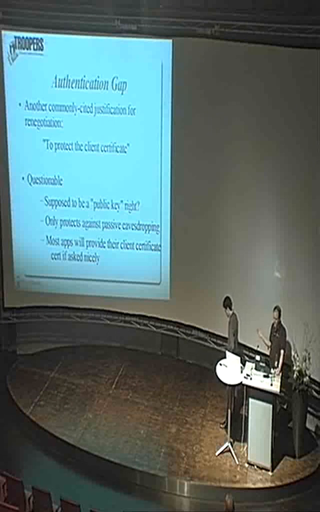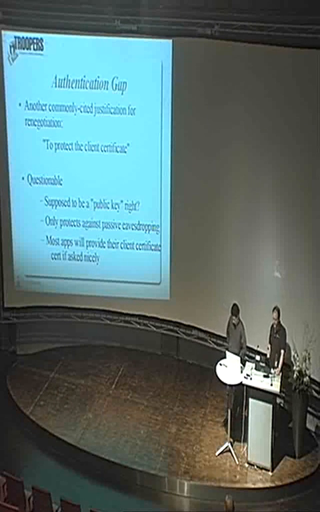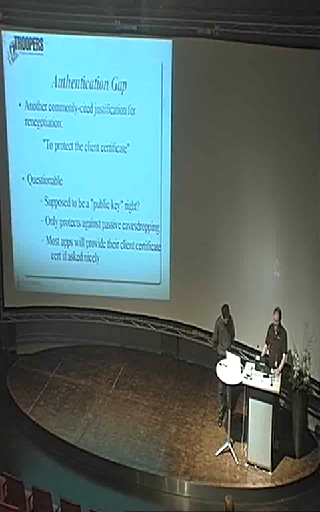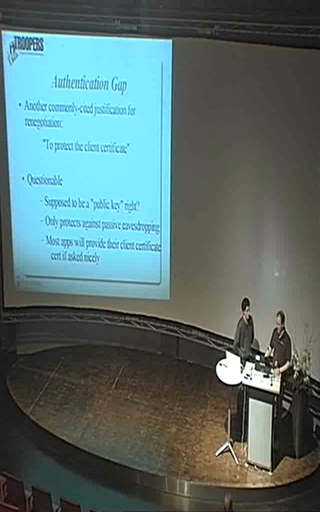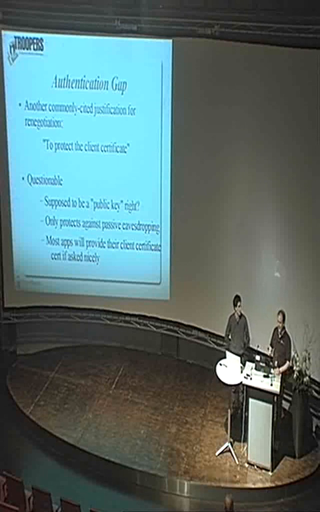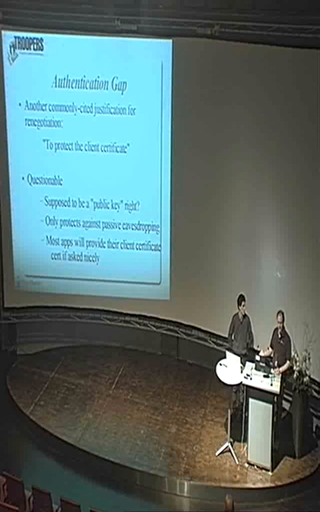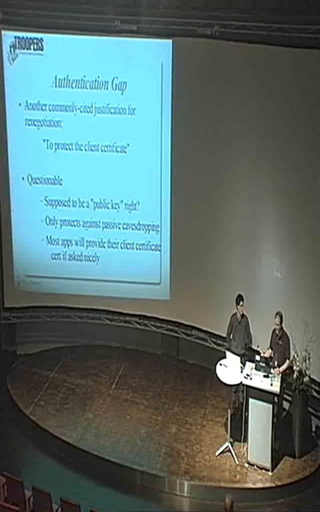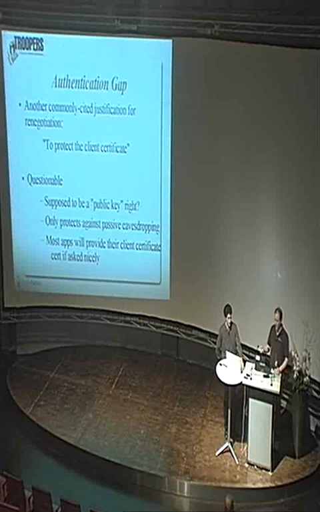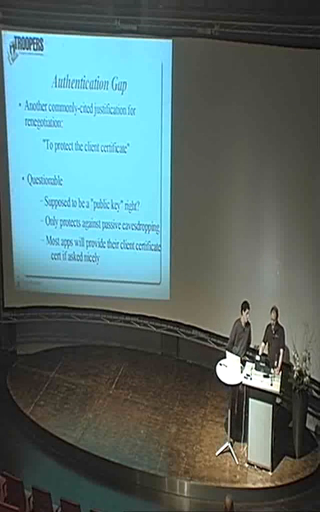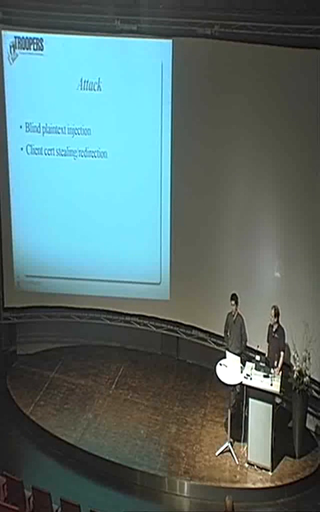But I think people put stuff into their certificates that they would rather keep private, like names, addresses, phone numbers, that type of thing. But this only protects against passive eavesdropping, because realistically the client app will provide that client certificate if the man in the middle just asks nicely for it. The client doesn't have a chance to strongly authenticate the server before the client is forced to produce his client certificate. That capability is used in Tor, by the way. Tor masks identities this way.